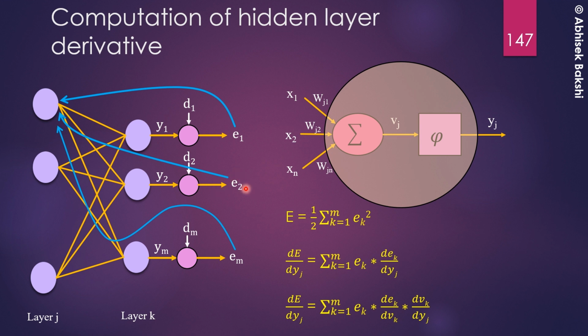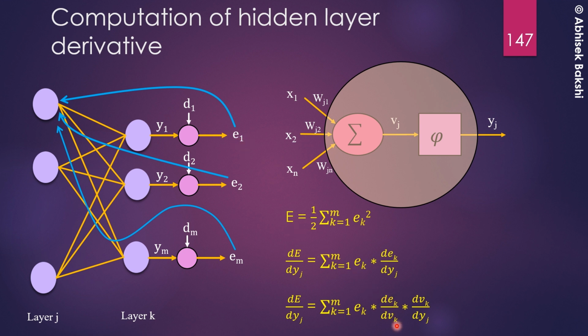And this is what? The x's are nothing but the input layer part. We will come to that part later. But one thing is sure, that the derivative of error ek I can calculate by dek/dvk.